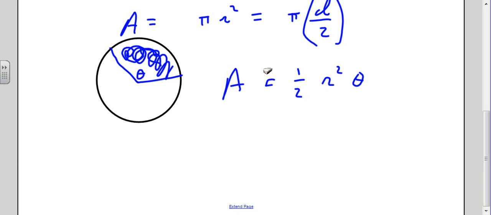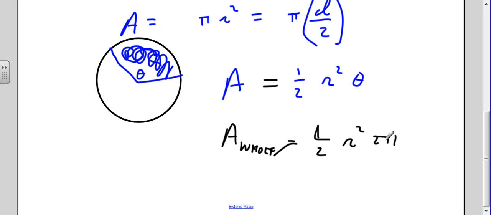And then I say, well, that looks kind of bad. Who made that one up? Well, if I had the whole circle, theta would be 2 pi, right? So the area of the whole circle would be one half r squared times 2 pi.